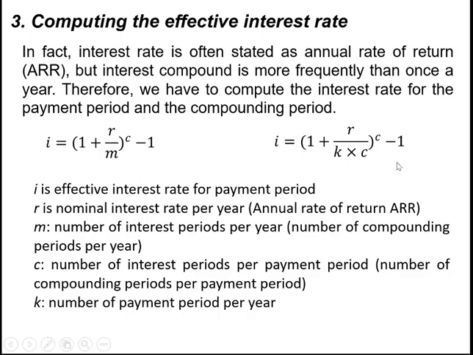Here you can see three kinds of periods: the first is the period in which the interest rate is stated, a year; the second is the payment period; and the third is the compounding period. They are different in these formulas.